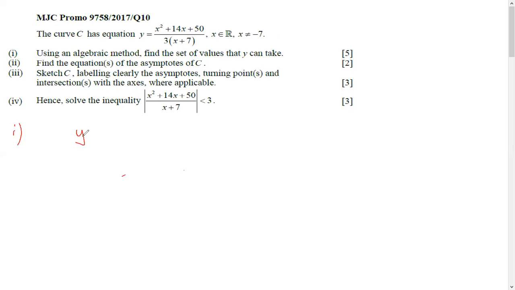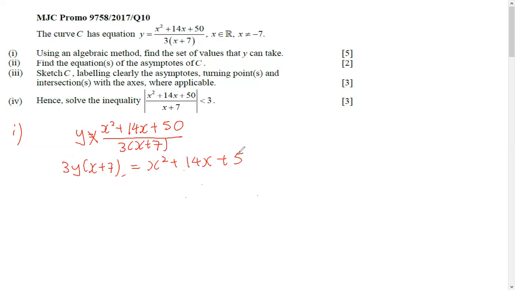We will start off with the original equation itself, y equals x squared plus 14x plus 50 over 3x plus 7. What we are going to do here is cross multiply. This will give me 3y(x plus 7) is equal to x squared plus 14x plus 50. We shift everything to the left hand side in an attempt to make a quadratic equation.